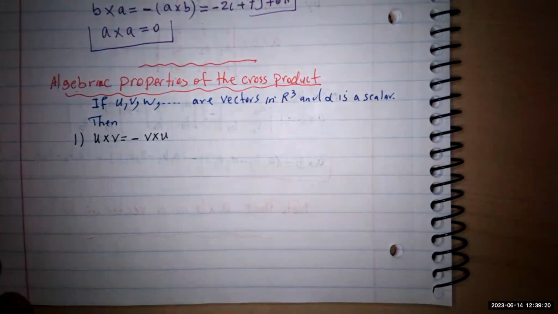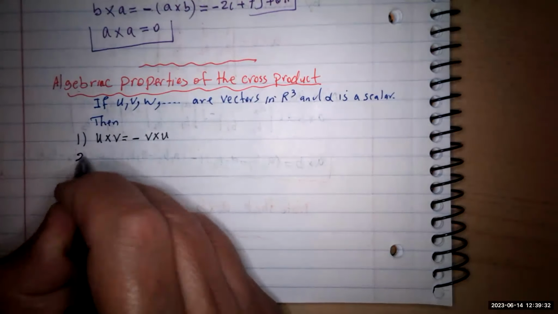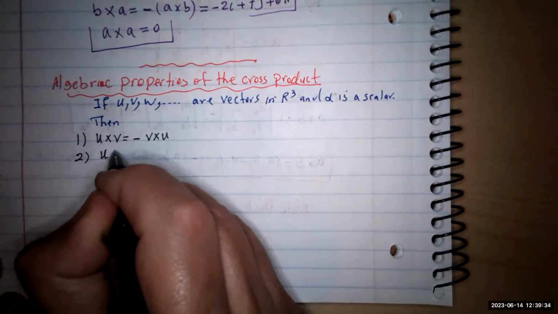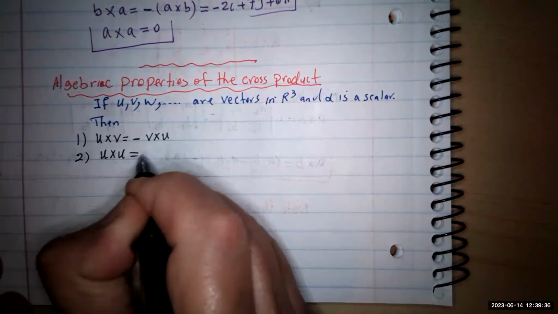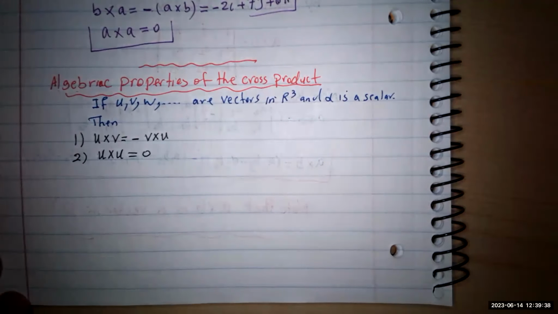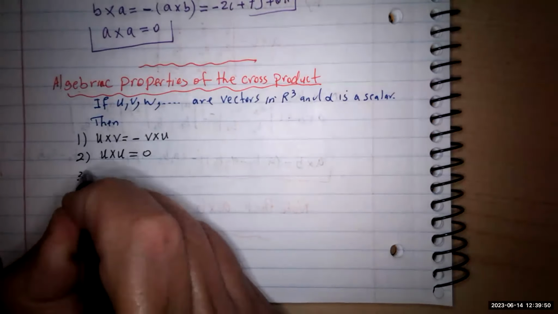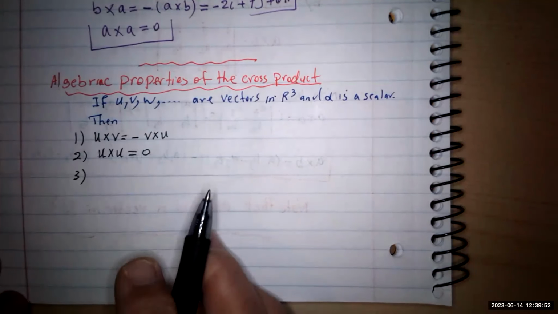The reason is this is a determinant. You interchange two rows, so we get the opposite answer. So that's the first one. Second one, if you multiply U cross U, we talked about it, it is 0, because we get two rows with the same entries. So in that case, the determinant would be 0. The third one, the distribution law, is okay.